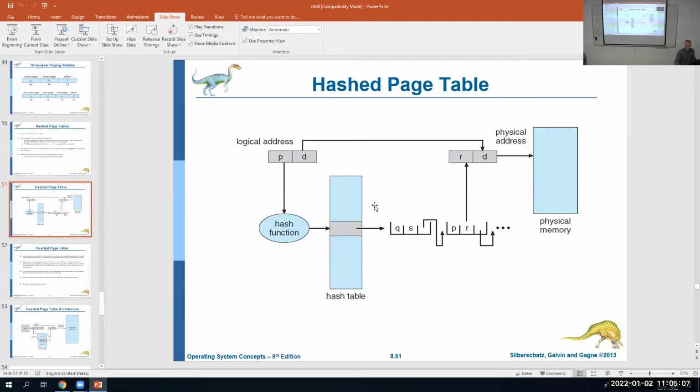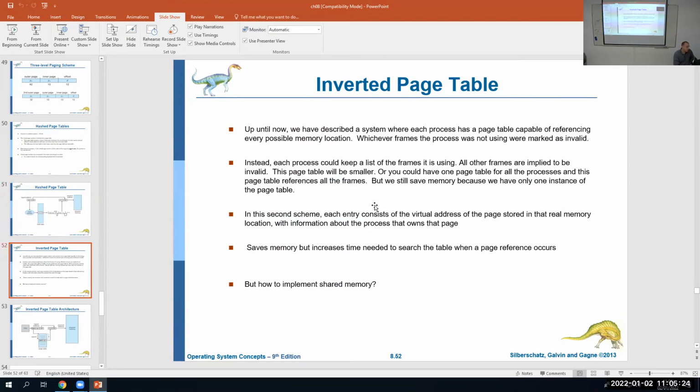So a hash table could be a good solution. I would have said that hash table is the way things work nowadays. But the guy at MIT said most of them work with multi-layered, hierarchical paging. So I was surprised to hear that. I don't know. All right, so let's talk about inverted page tables.